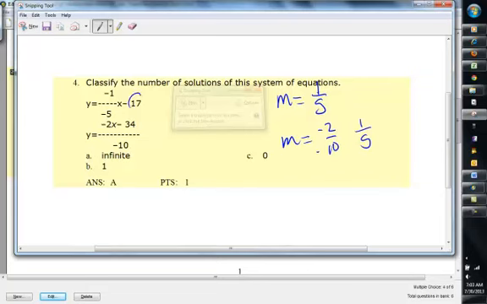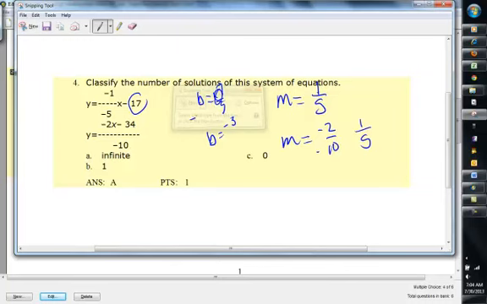And the intercept in the first case is negative 17.